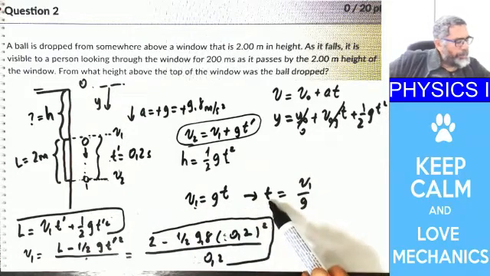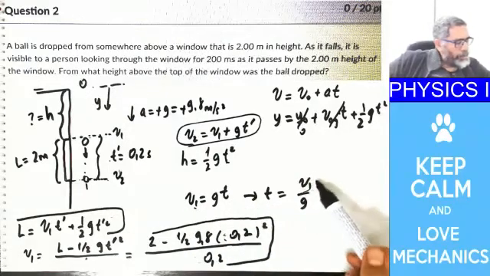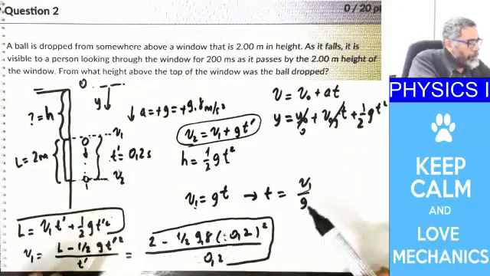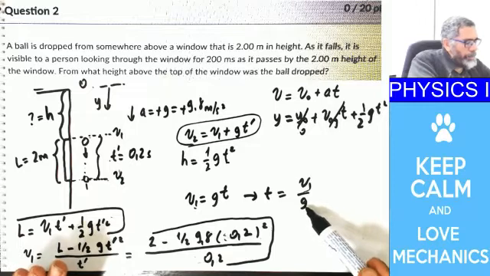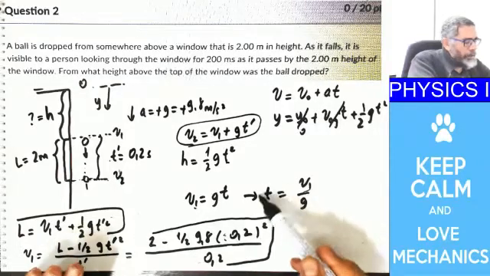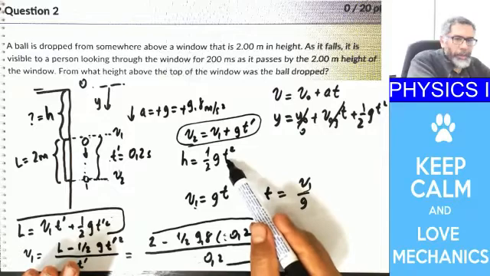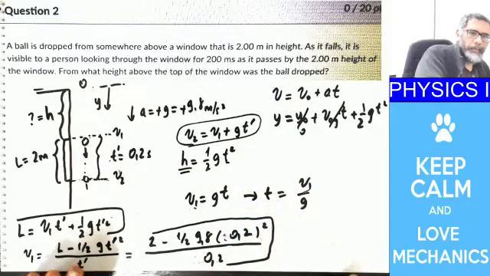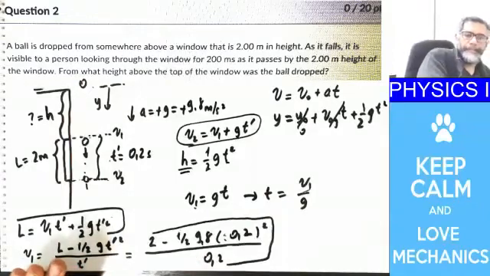So you can find this t since you know V1 from this last step, and divide this by g, which is 9.8, you can find T. And once you find this T, you put it over here in this equation, you can find H. Okay? Is that okay?